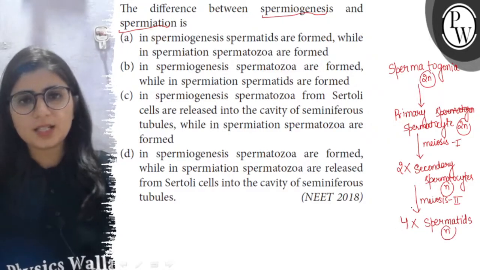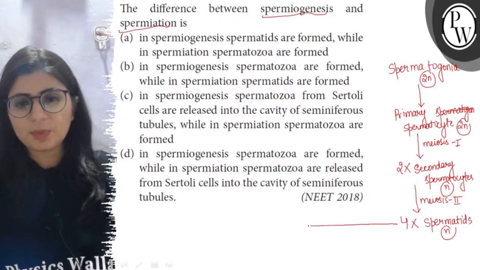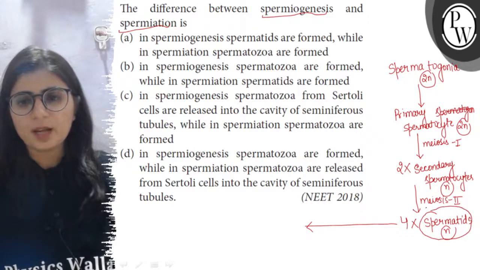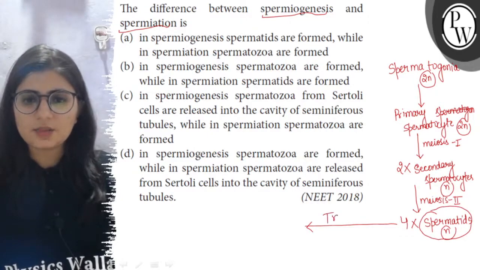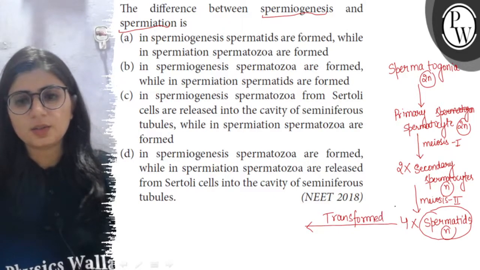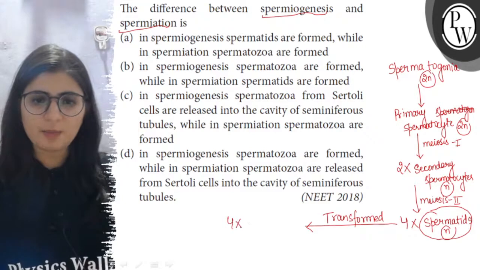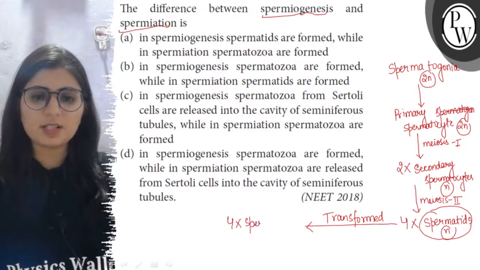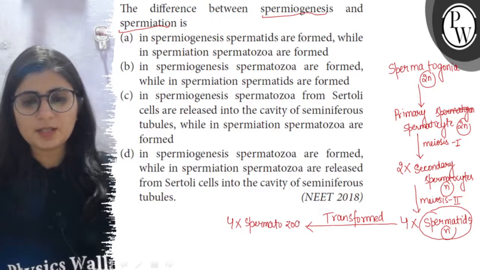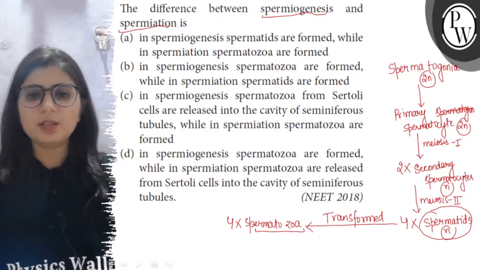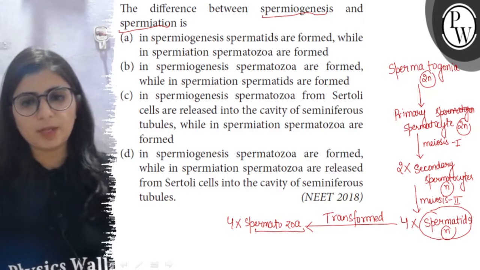Now the meiosis has completed. Now these spermatids undergo some structural changes and get differentiated to form the 4 haploid male gametes which are called the spermatozoa. So from 4 spermatids, by their transformation, they will form the 4 spermatozoa.